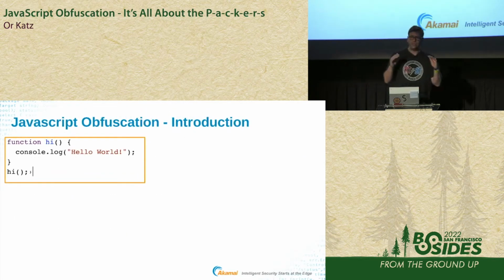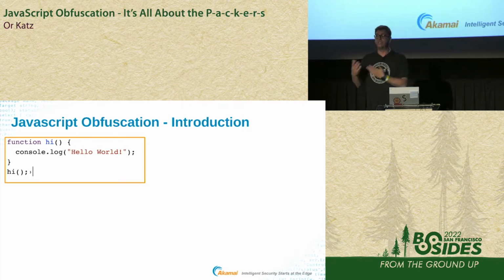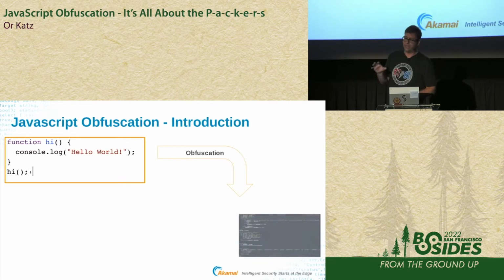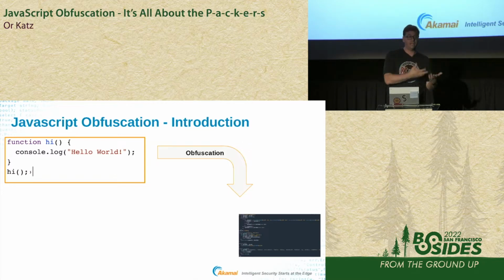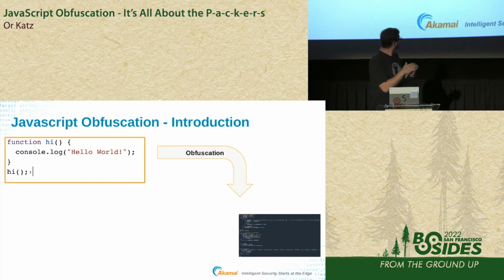So let's touch base. Let's try to figure out what JavaScript obfuscation means and what the challenges of it are. Here you can see a 3-line JavaScript code, a hello world kind of example. If you take those 3 lines of code and run them through an obfuscator, a packer, software that knows how to take a given JavaScript code and obfuscate it, it will create, and you cannot see the example itself, but believe me, it's not readable.